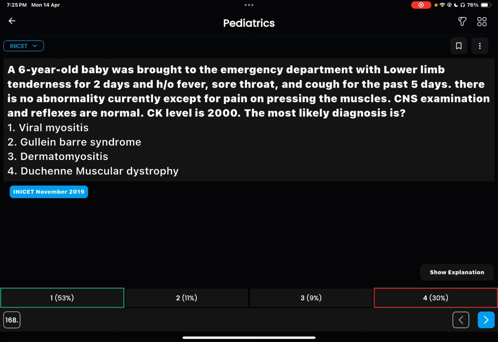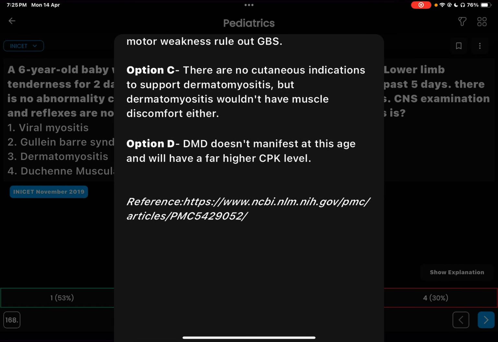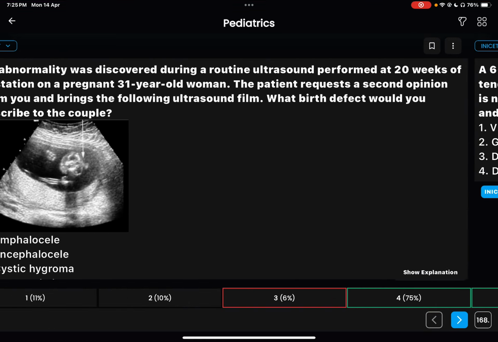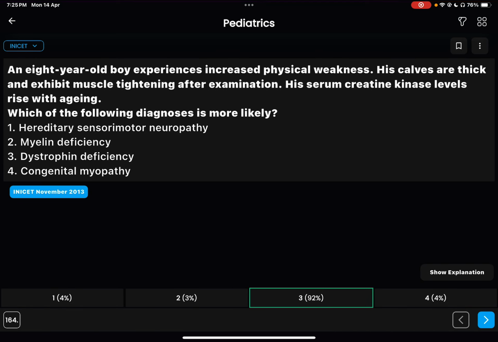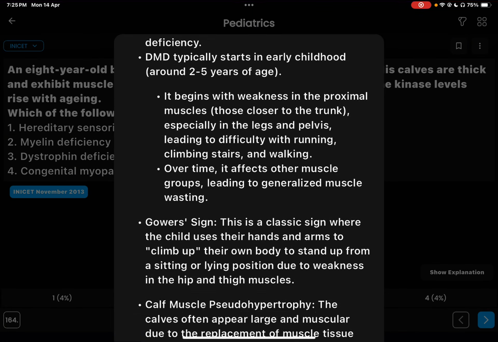Duchenne muscular, no, it is viral myositis. It is not Duchenne because it doesn't appear at this age, 6 years old, and the CK levels will be very high. Like in the previous question, it was an 8-year-old child, and creatine values were rising with aging.